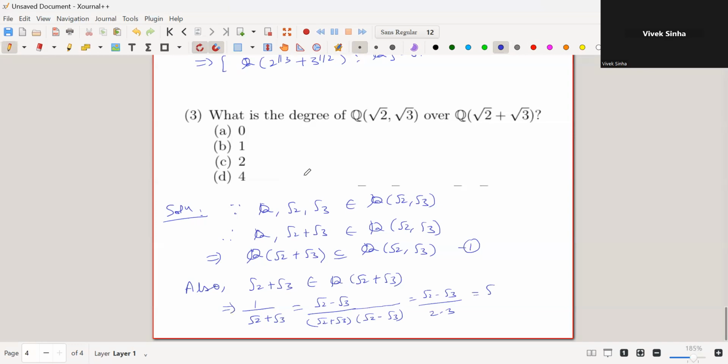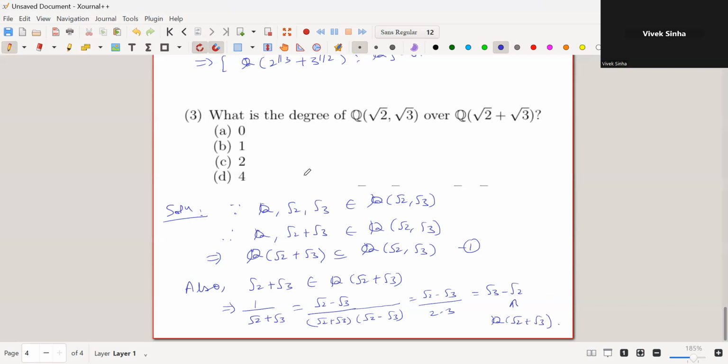So that is the same as root 3 minus root 2, right? This is also inside Q(root 2 plus root 3), because it's a field, so if something is inside it, its inverse will also be inside this.